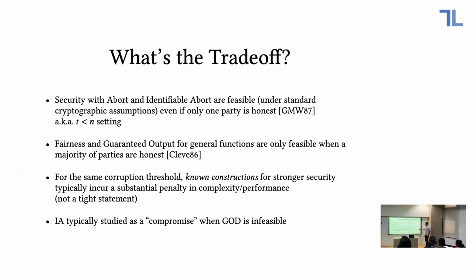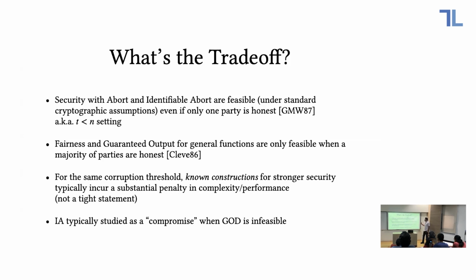But also, in general, if we look at some setting where any of these notions might be feasible, for example the honest majority setting, as a high-level statement, I claim that known constructions get more expensive or more complex as the security level that you want goes up. So with t < n/2, security with abort is going to be much cheaper than guaranteed output.